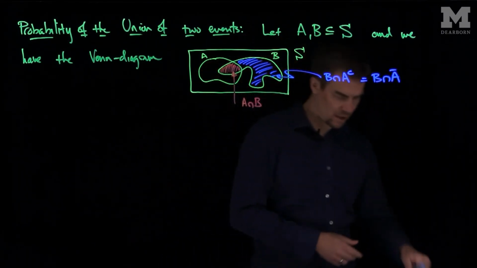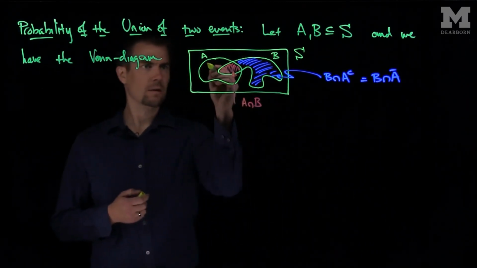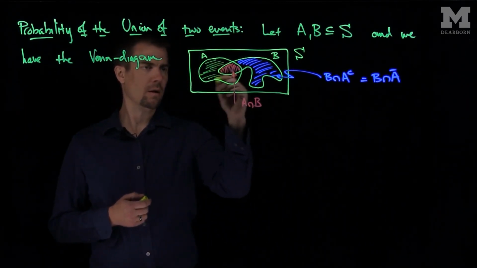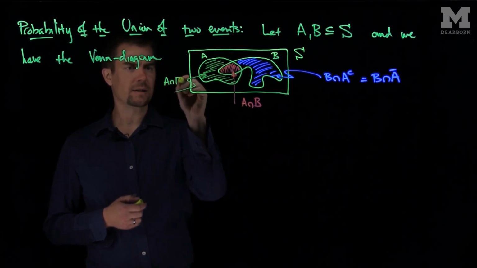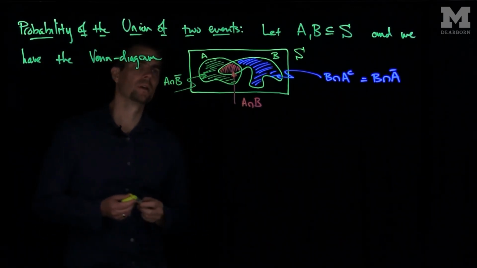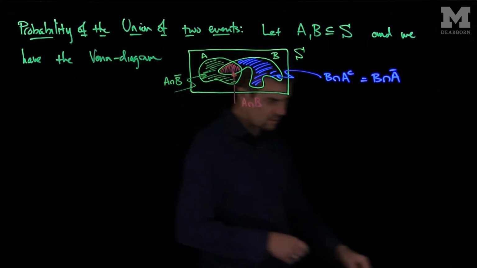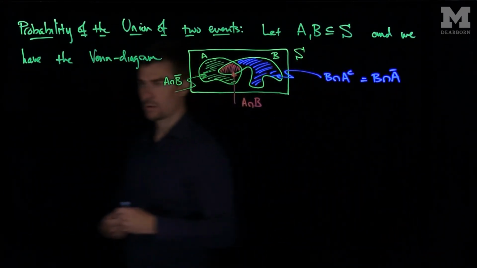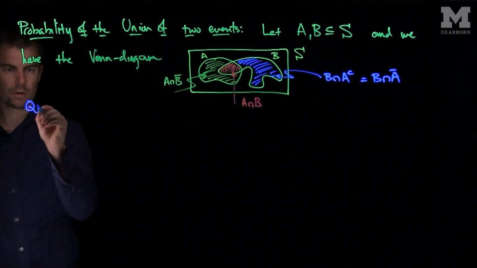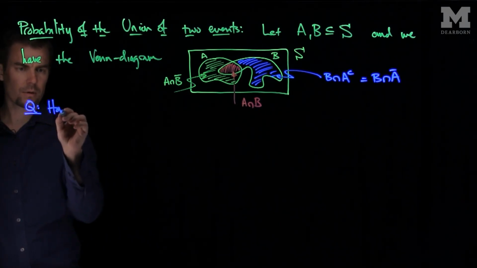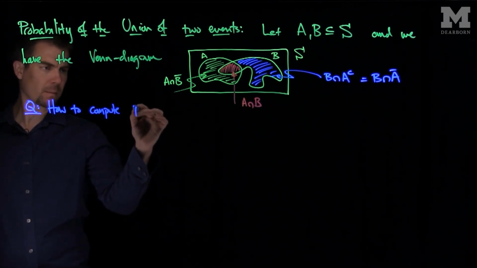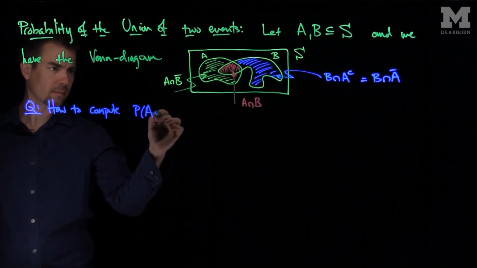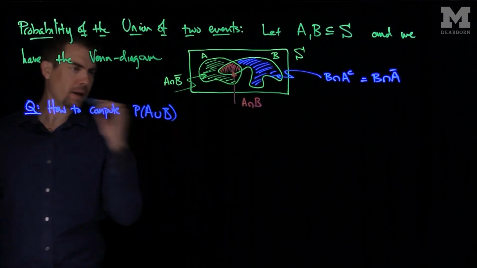And then this set over here is the set A and not B. And so our question now becomes, how to compute the probability of A or B.